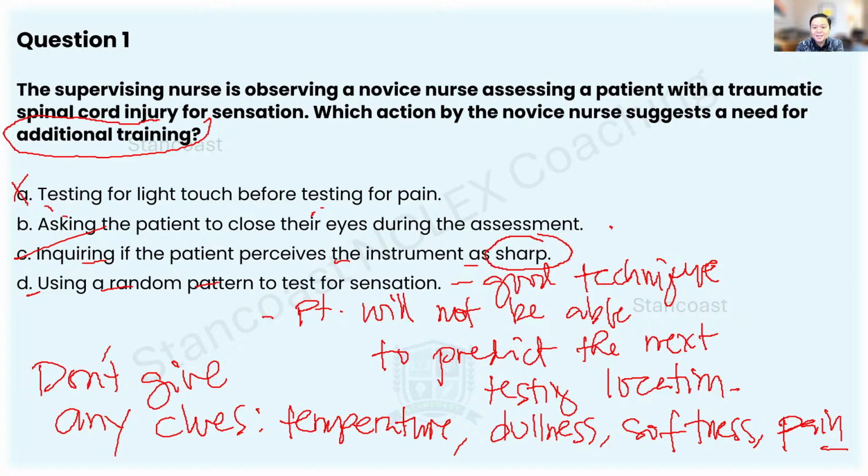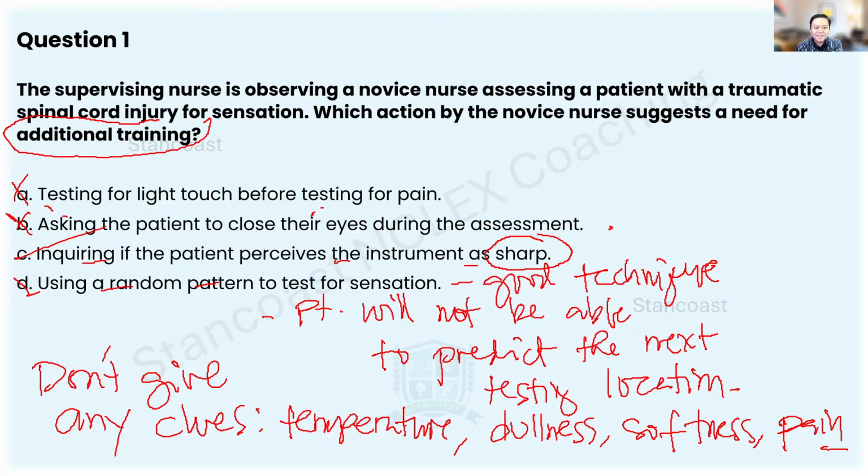Yes, you need to tell them that in order to decrease their chances of peeking, or kind of blindfold them. That would be good as well. So that is something that we should be eliminating. Again, you should be testing your patient accurately on what they are feeling by not giving them any clues, and make sure that your testing site, the location, will be unpredictable.